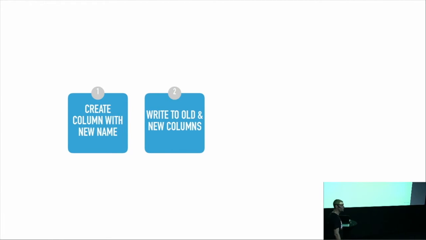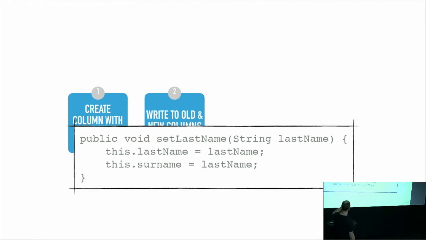Second thing is we start writing to both the old and the new columns. If you're looking at Java, for example, you have an entity, but this is applicable to any language. We now start writing: if we update the last name, we have a fallback. So yes, we write last name, but we also write surname.